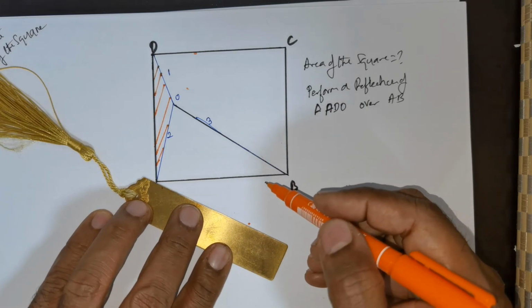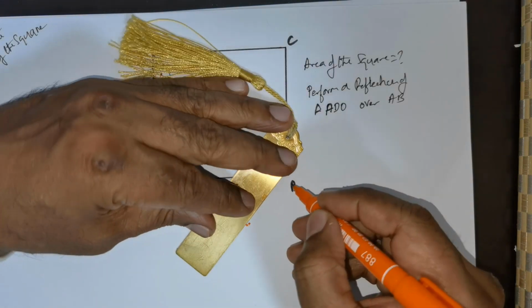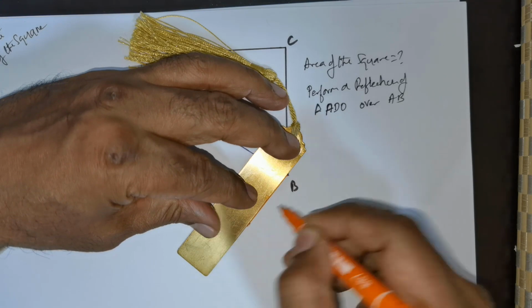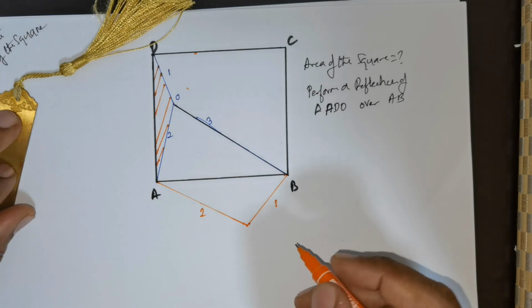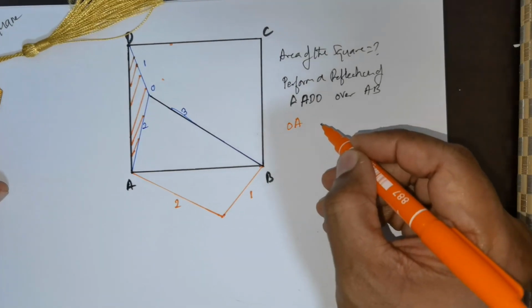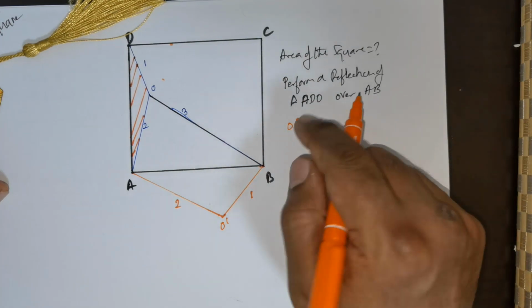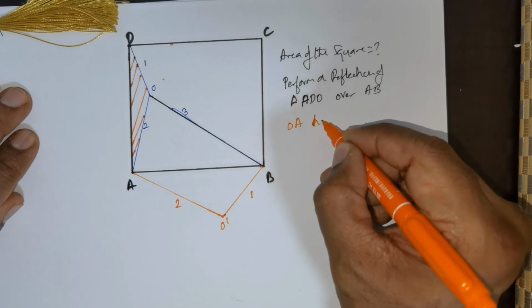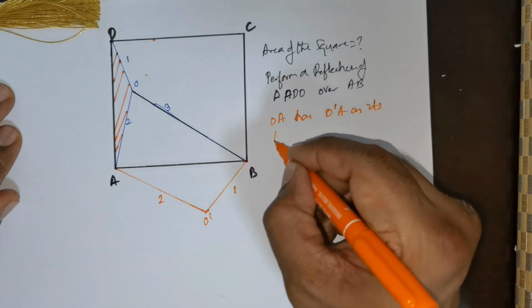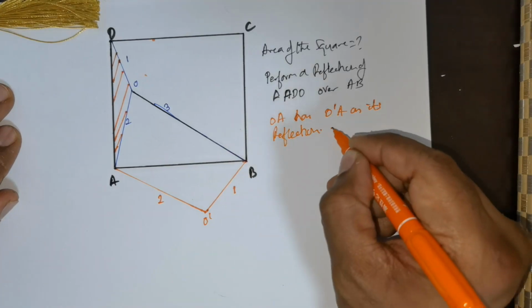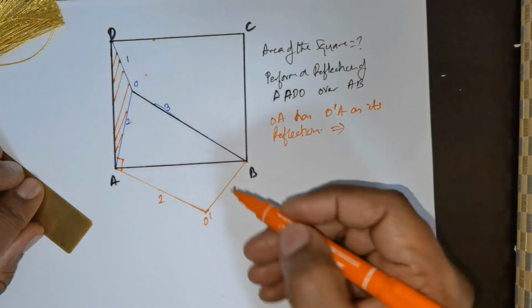So this is going to be 1, this is going to be 2 units, and OA, let me name its reflection as O dash A. So this would mean this entire angle is 90. Right, now this is 2 units, this is 2 units.